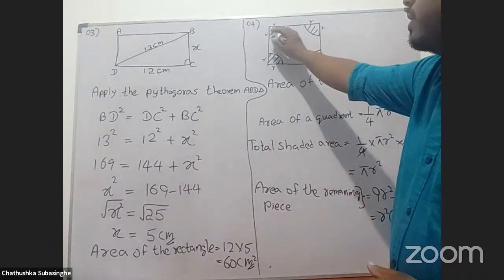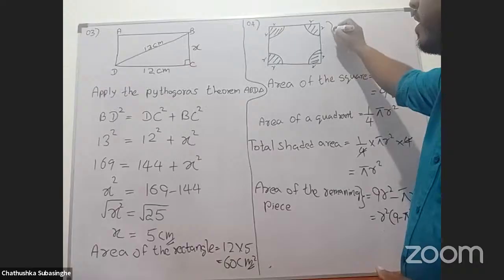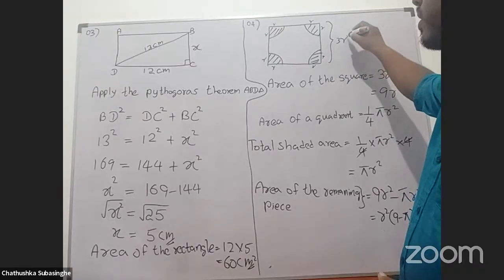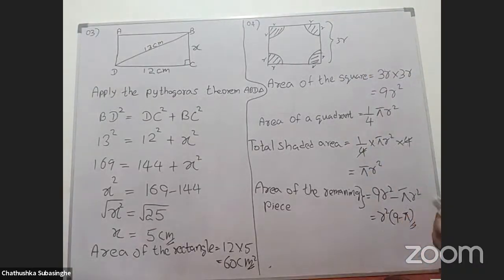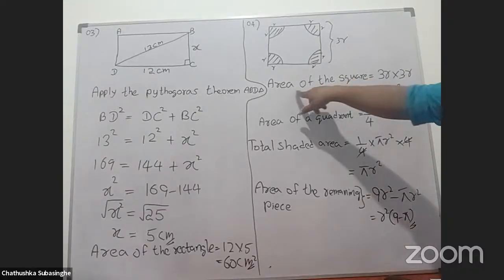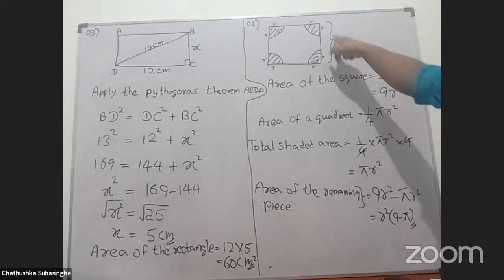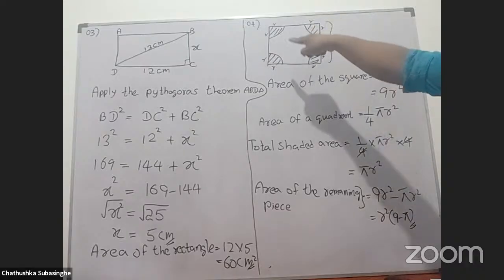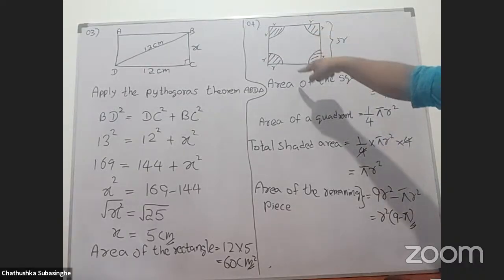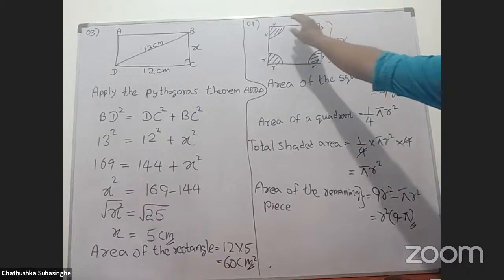So this side length is 3r. Since this is a square, all the sides are 3r. So I first found the area of this total square before they remove these quadrants.